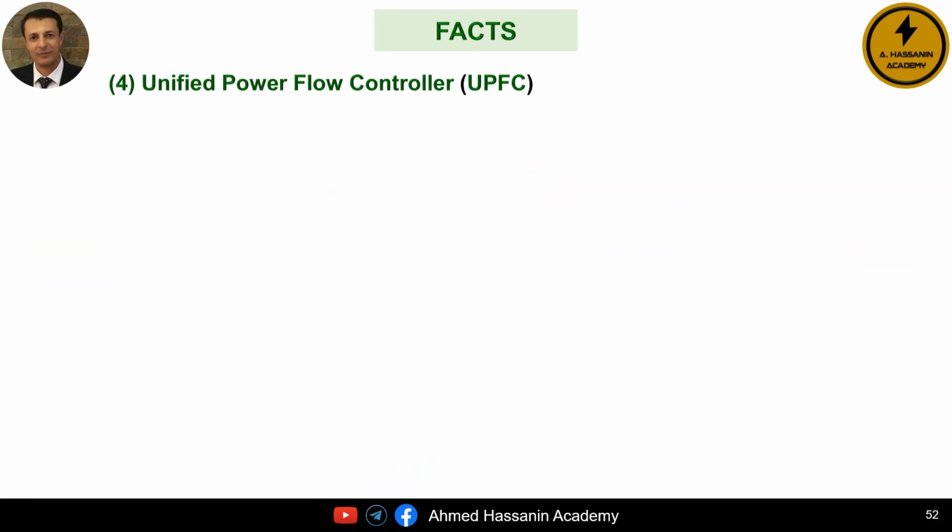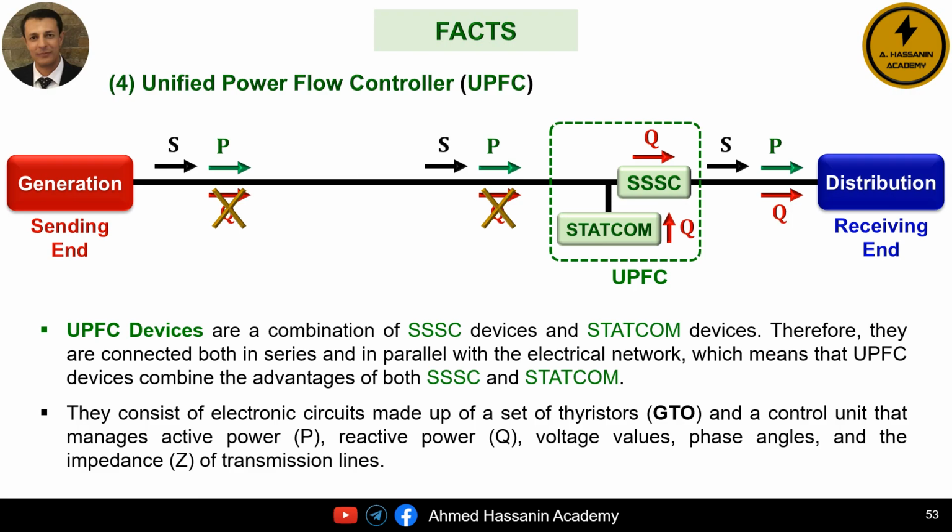The fourth device, or the last device among the flexible AC transmission system, FACTS, devices, is the Unified Power Flow Controller, UPFC. The UPFC is composed of a STATCOM and an SSSC.